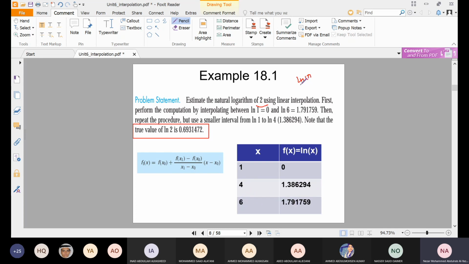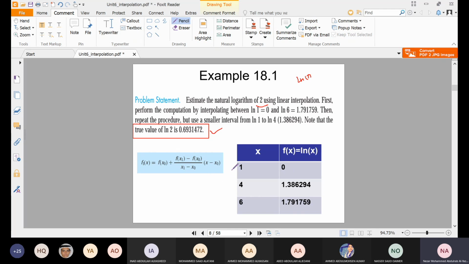So the question: find ln of 2. By using your calculator, you can compute the true value, which is equal to 0.6931472. Okay, so this is the true value here, and after that we can do, for example, the estimation.